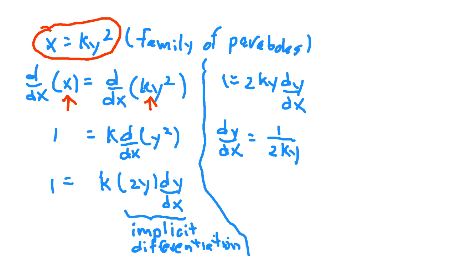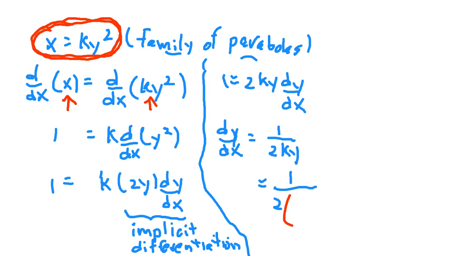So for my family of parabolas, the derivative of y with respect to x is equal to 1 over 2 times k times y. But I can replace the k, by virtue of the fact that x equals k times y squared.